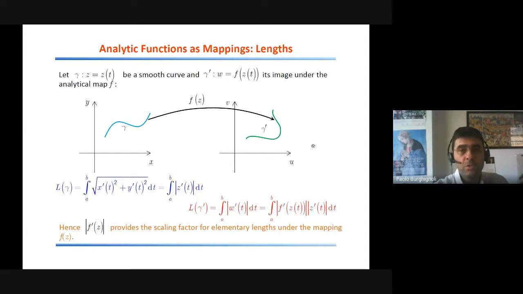Okay, so in general, lengths are not preserved by the map, but they are changed, and they change according to this scaling factor, the absolute value of the derivative of the map.